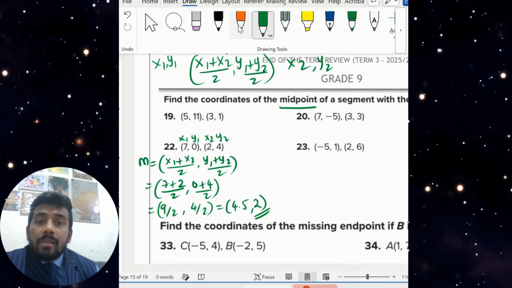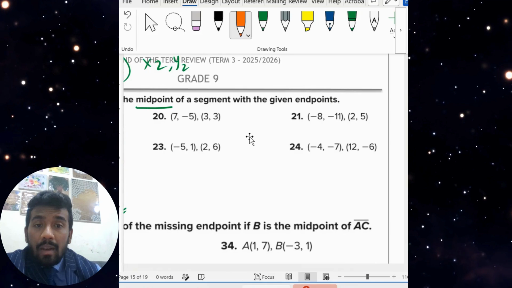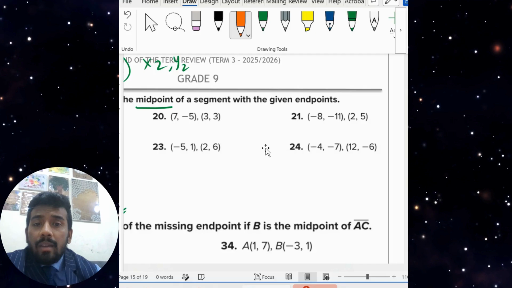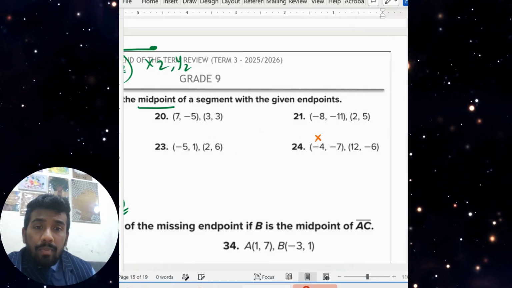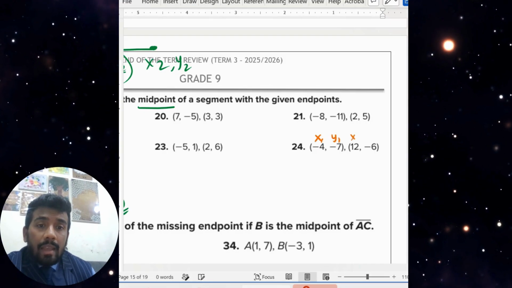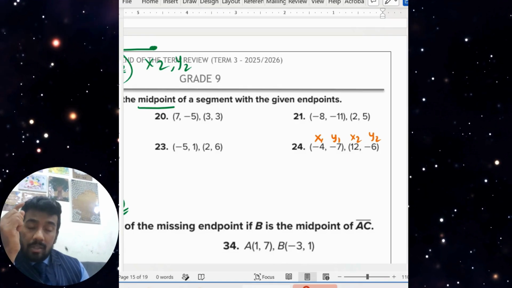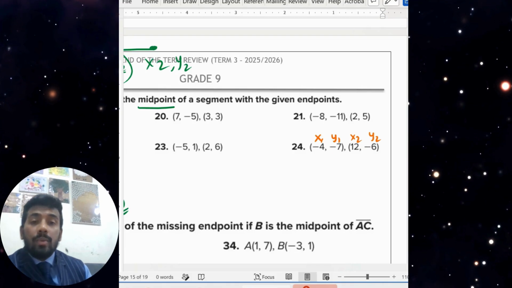Let's do one more question, so that you are familiar with this kind of question. Let's do 24, where all of them are negative. Same formula: x1, y1, x2, y2. What was the midpoint formula? x1 plus x2 over 2 and y1 plus y2 over 2.